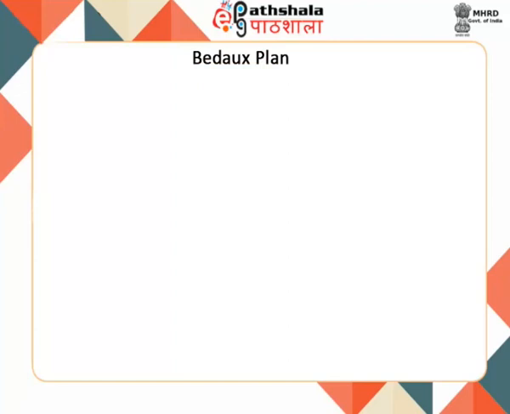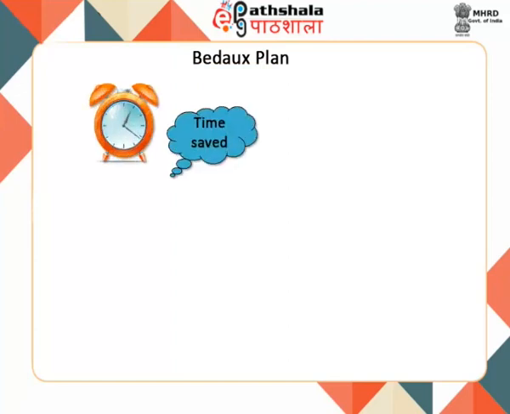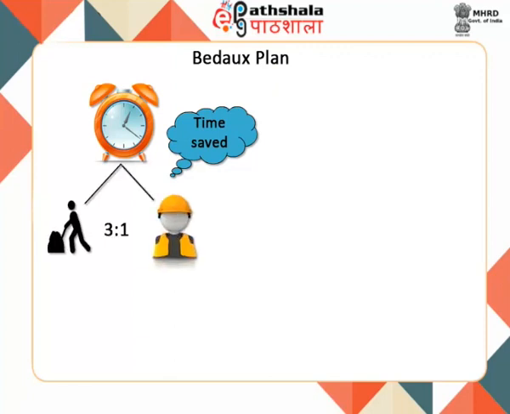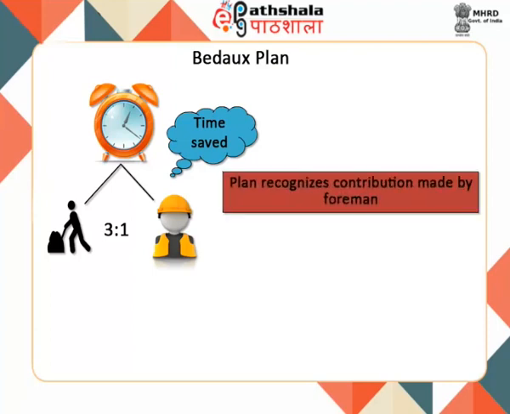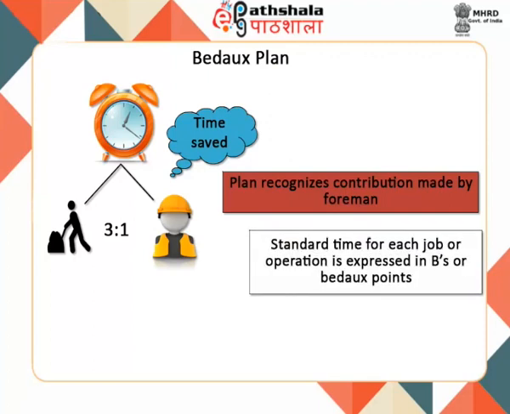Beddock's plan. The special feature of this plan is that the value of time saved is divided between the worker and the foreman in 3:1 ratio. The plan recognizes the contribution made by foreman. If worker and foreman do not cooperate with each other, worker cannot give good results. Under this plan, standard time for each job or operation is expressed as so many minutes called B's or Beddock's points, each B representing 1 minute.